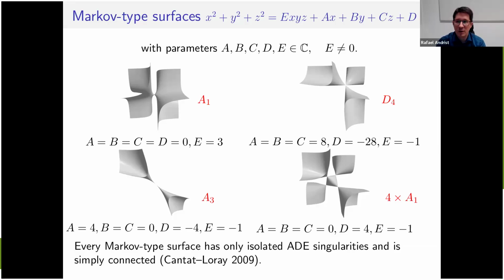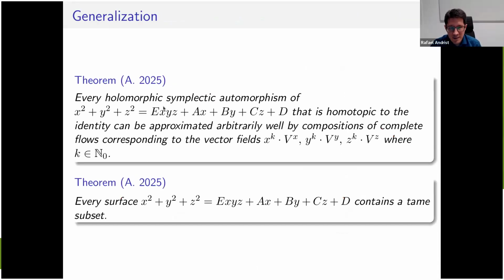They did a lot more in their paper. They have a lot of interesting results about Markov surfaces that I didn't touch at all now in my talk, but for my application here, this was extremely important, that we know the singularities are mild and it's simply connected. And then by the same strategy of proof, I can extend both theorems to any Markov-type surface. So we have this approximation result for the automorphisms.